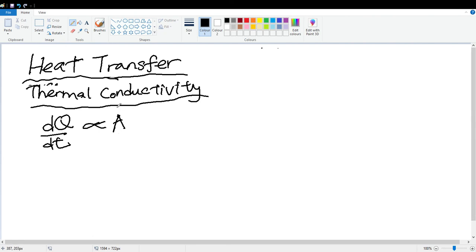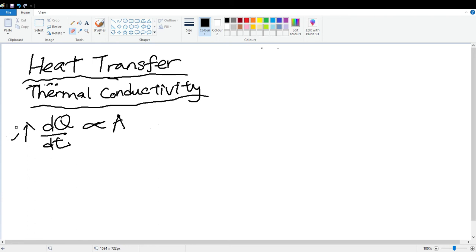If the cross-sectional area of the wire is high, the rate of heat flow is faster. If the cross-sectional area is lower, this causes the resistance of the wire to increase, and hence the rate of heat flow will also be slower. So this is the first piece of information.